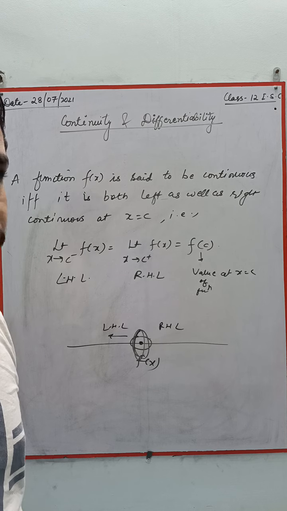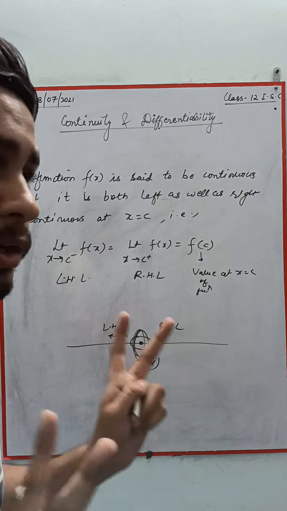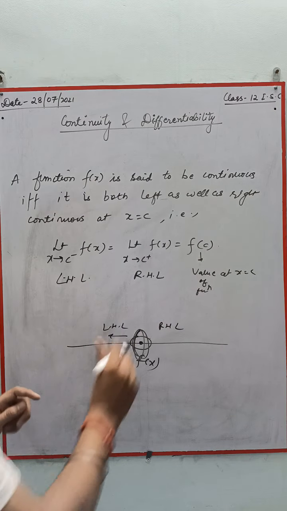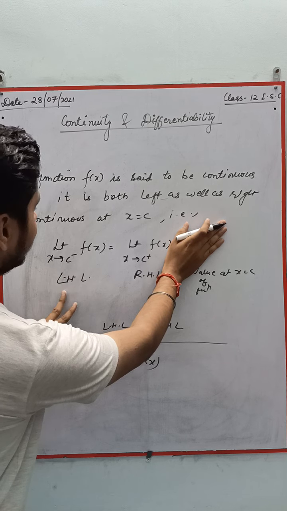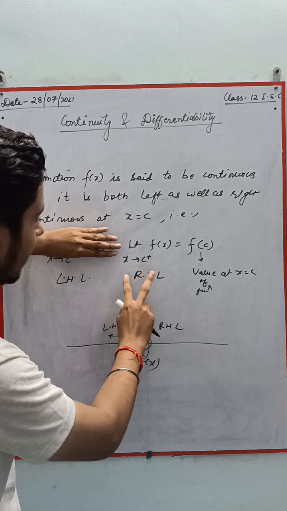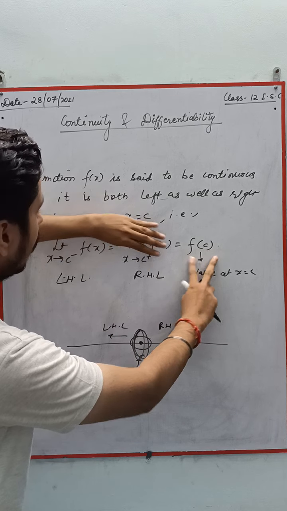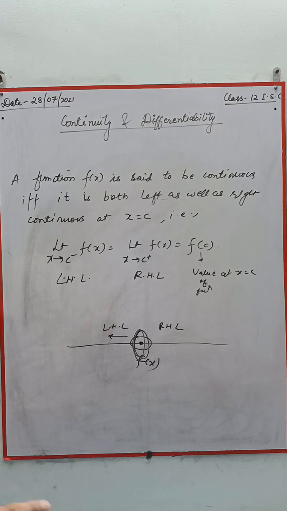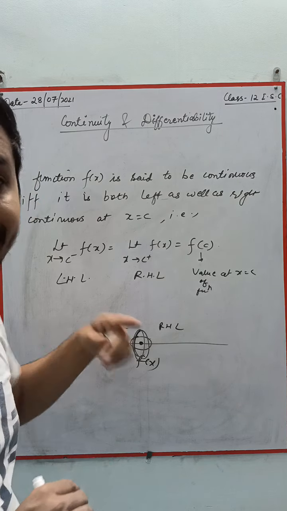Now my question to you is, when do you feel that your function won't be continuous? Say, if the left hand side is not equal to the right hand side, then it is discontinuous. If the right hand side is not equal to this value, or this value is not equal to that value, these are reasons which will take you to discontinuity.